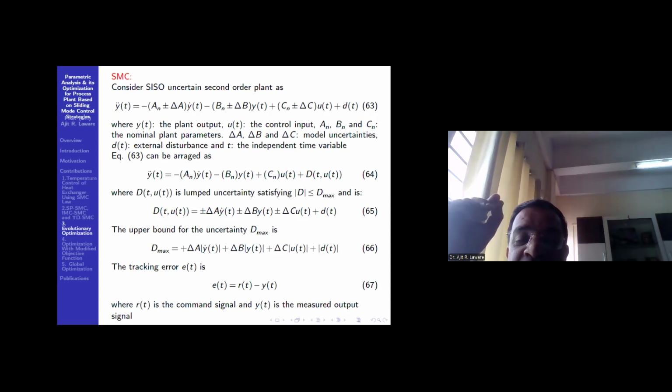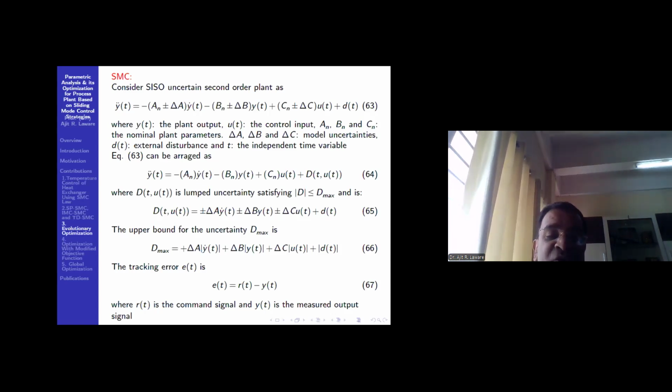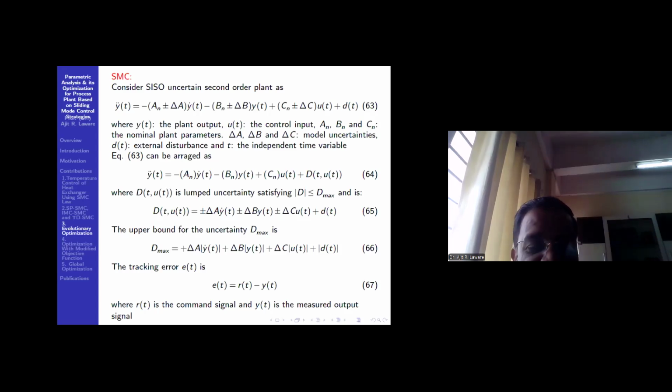D max is the maximum disturbance, and d of t, u of t comprises the uncertain terms as represented by equation 65, and its upper bound is plus delta A, delta B, and delta C terms. The tracking error is defined where r of t is the command signal, reference signal or set point signal, and y of t is the measured output signal.